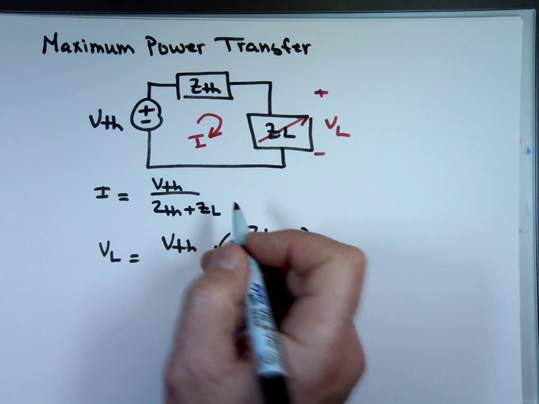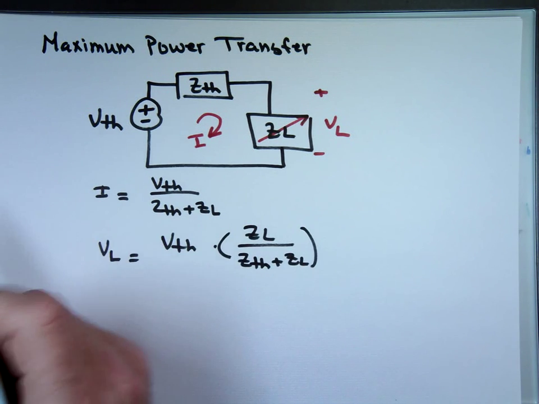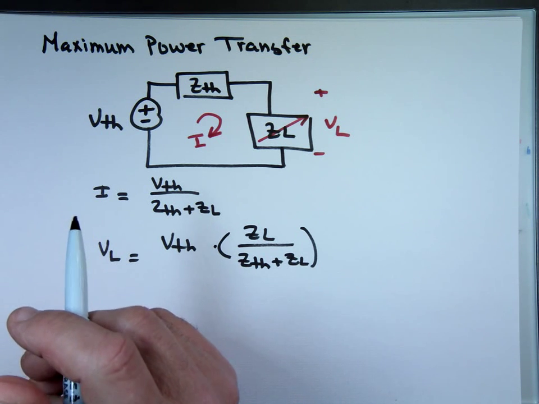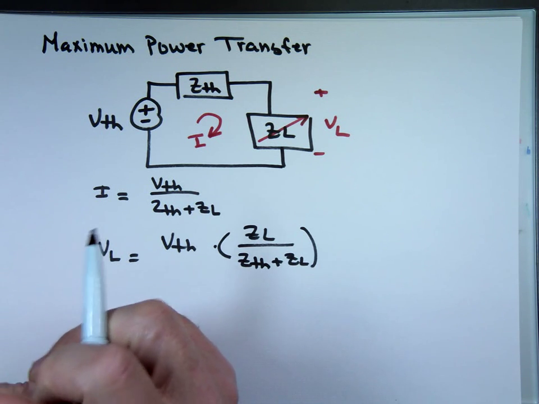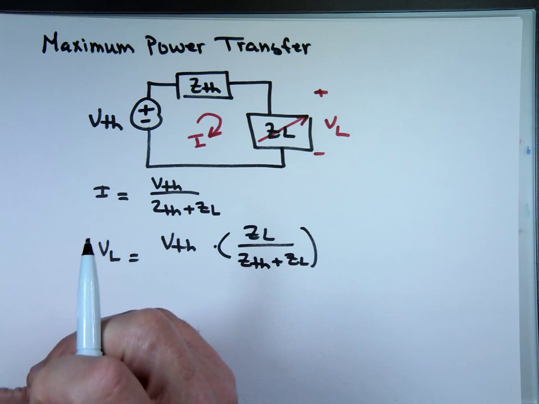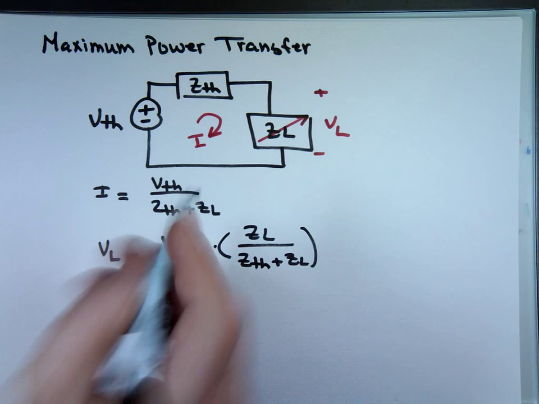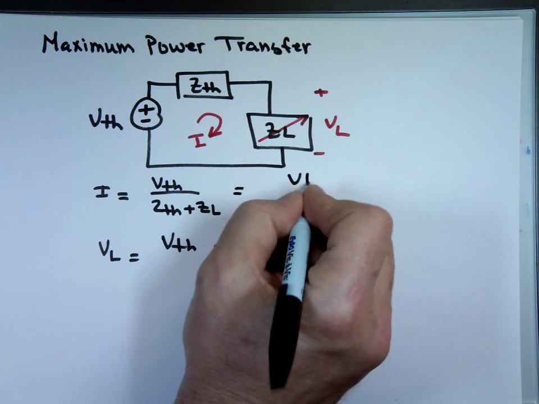Because to write this in phasor, let's assume V Thevenin has no phase.